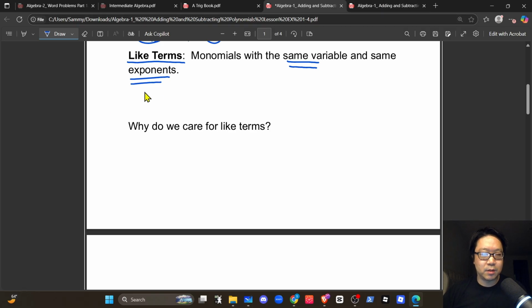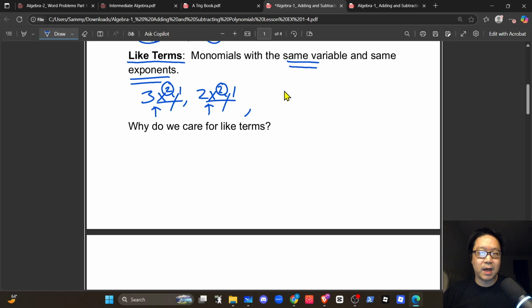Let me give you an example: something like 3x squared y and 2x squared y. These are like terms, okay? The reason is they share the same variables, x and y, and the same exponents, 2 here, a 1 there, and a 1 there.